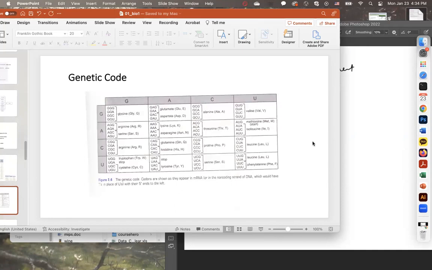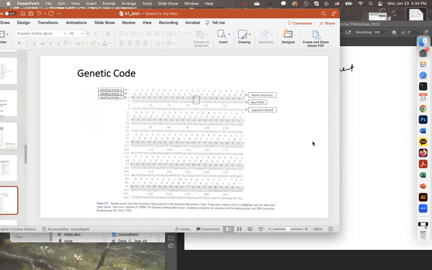It's the same table in a different form. And when you have a messenger RNA, depending on where you start, you can have one codon here, or the first one may not be part of the encoding process, and the codon may start from the next nucleotide, and so forth.